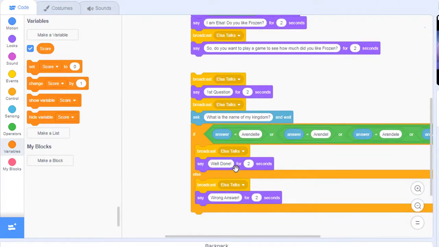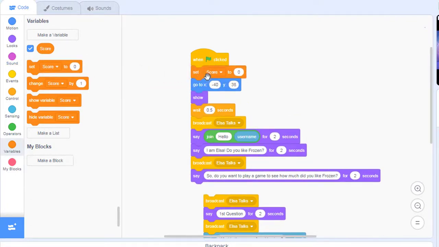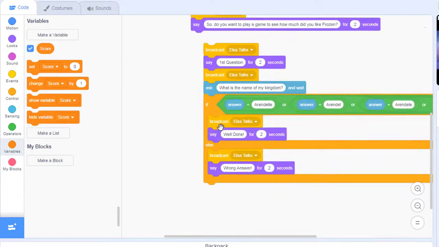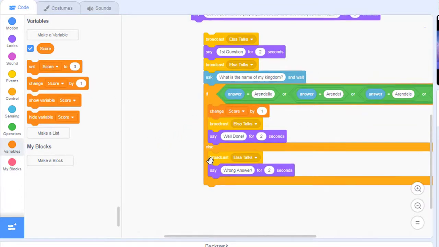So I would like, of course, when the flag is clicked, to set the score to 0. Each time the answer is correct, I would like to change score by 1. If the answer is not correct, he will not take any points.